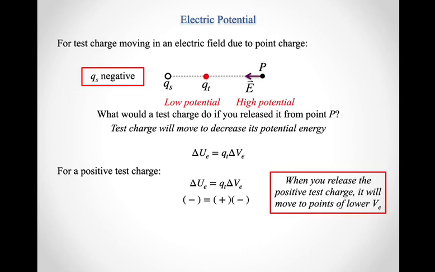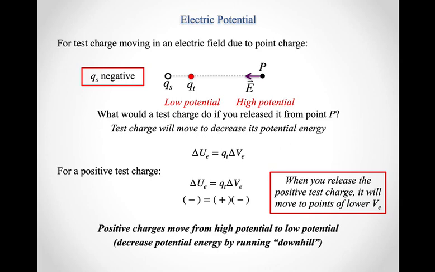What does that mean? Well, it means that when you release a positive test charge, it will move to points of lower electric potential. So, relatively speaking, point P out here in space had a higher electric potential than where my test charge ended up. This tells us that positive charges move from high potential to low potential.